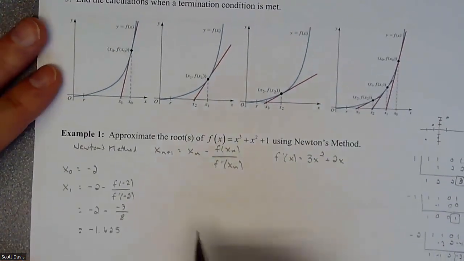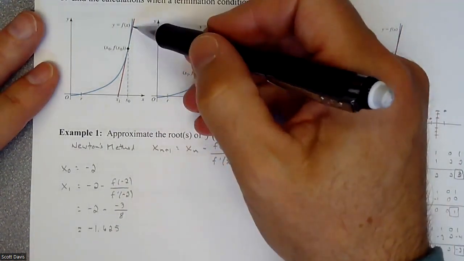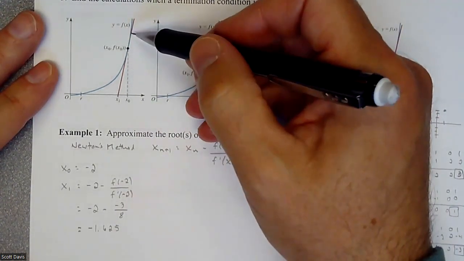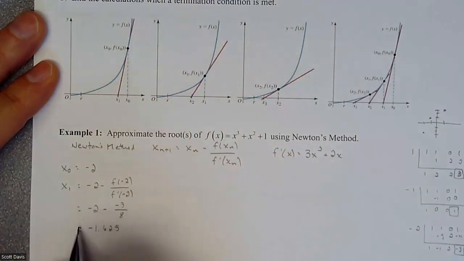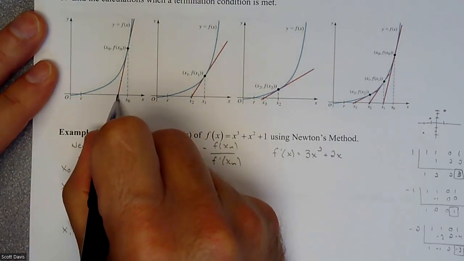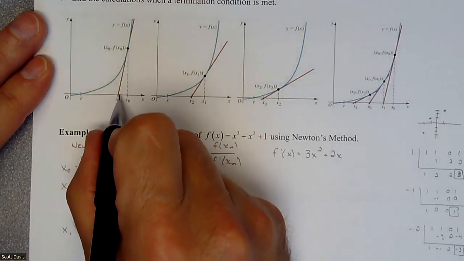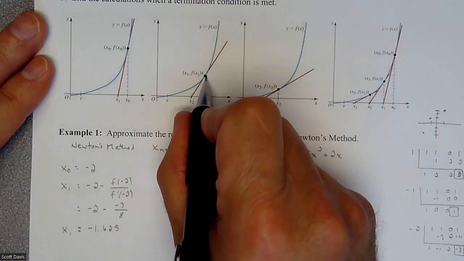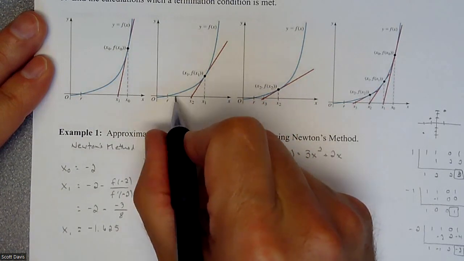Here's what happened. This is creating an x value based on a tangent line. We plugged in a value, we found a slope, and the x that we're getting out is the x-intercept of that tangent line. Now we're going to plug that in, and that's going to bring us to another x-intercept, which is going to squeeze closer and closer.